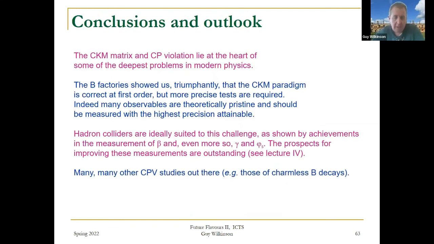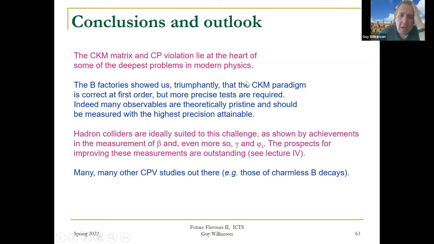Okay, so I'm now finishing. The CKM matrix and CP violation lie at the heart of some of the deepest problems in modern physics. The B factories showed us triumphantly that the CKM paradigm is correct at first order, but more precise tests are required. Indeed, many observables are theoretically pristine and should be measured with the highest precision attainable, something we will emphasize tomorrow.